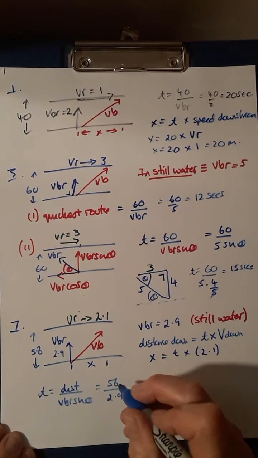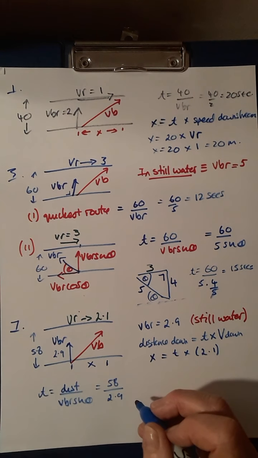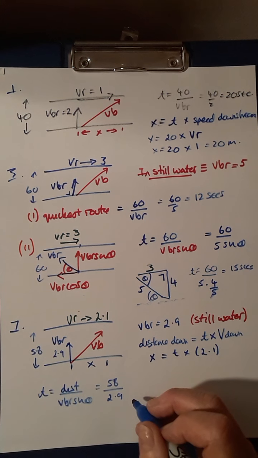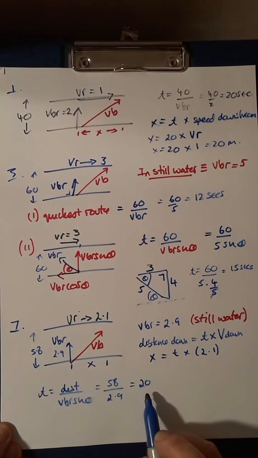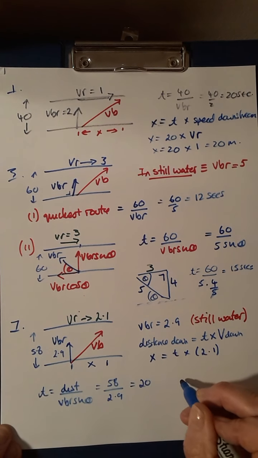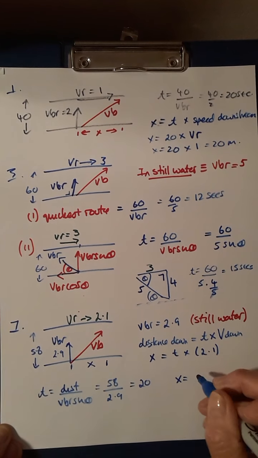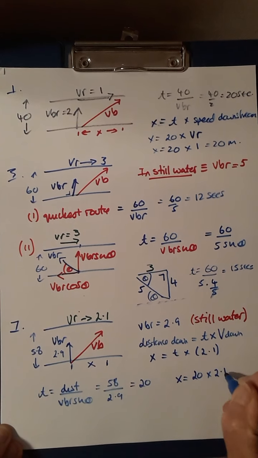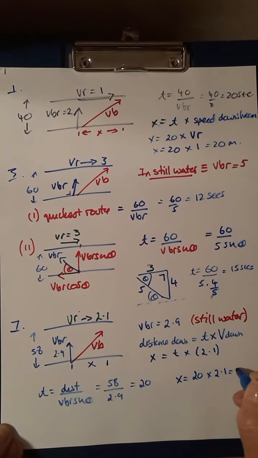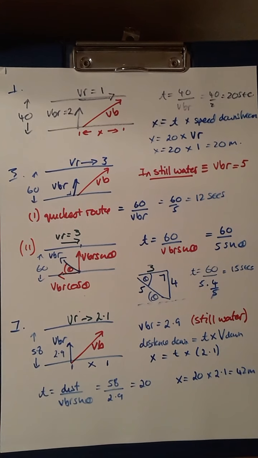So this is 58 over 2.9, which in this particular case is just 20. Okay, so 20 seconds. X is equal to, therefore, distance downstream is time, which is 20, multiplied by 2.1. In this particular case, then, it's 42 metres downstream. That's how far downstream it will land.